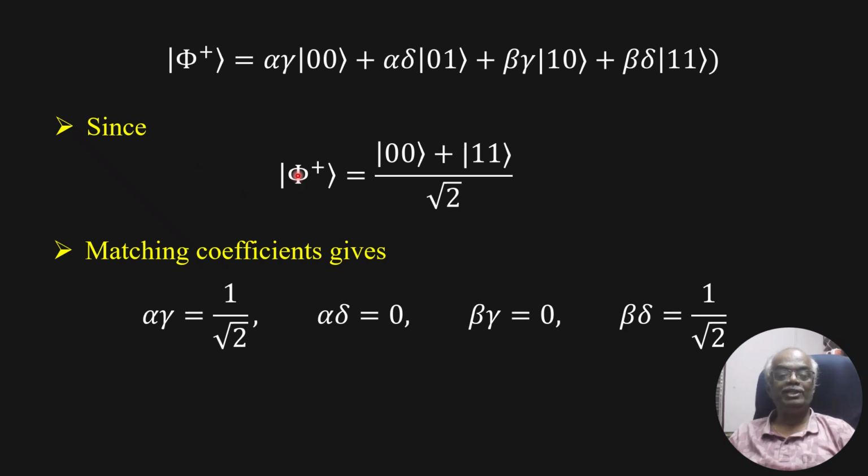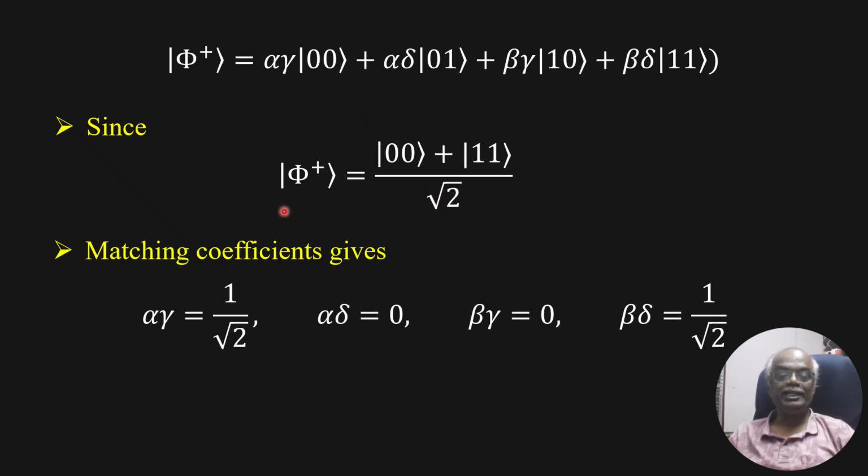Now we already have the state |phi plus⟩ equal to (|00⟩ + |11⟩)/√2. What is the coefficient of alpha gamma? The alpha gamma coefficient is 1 over √2. That means alpha multiplied by gamma equals 1 over √2. Then what about this? There is no term here.